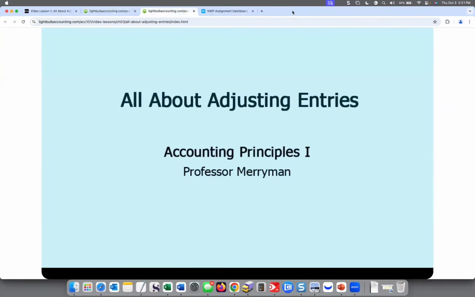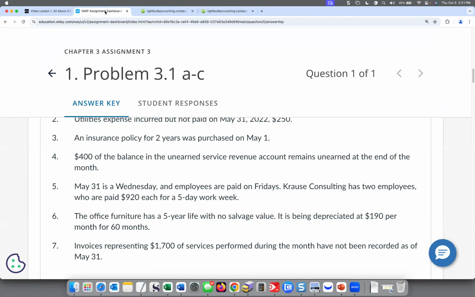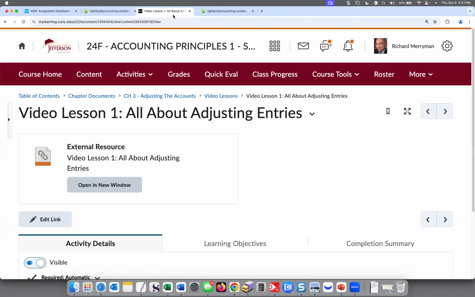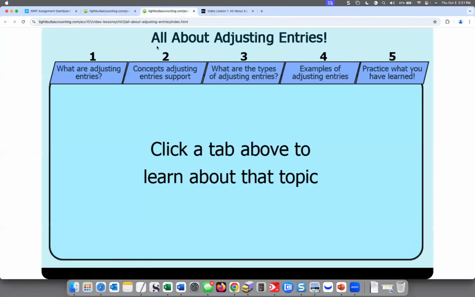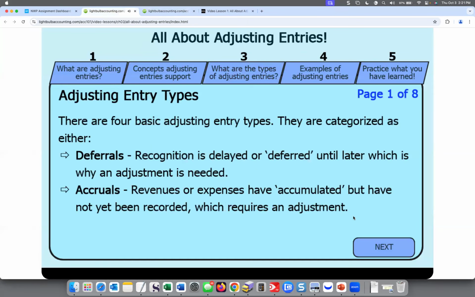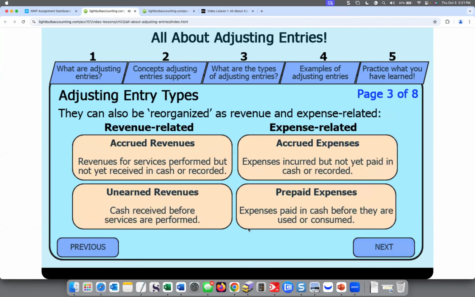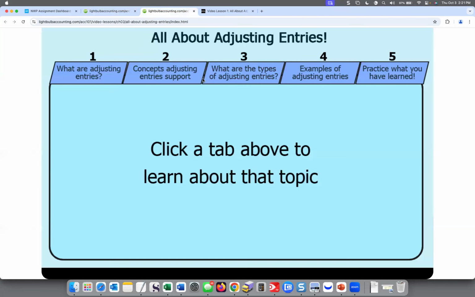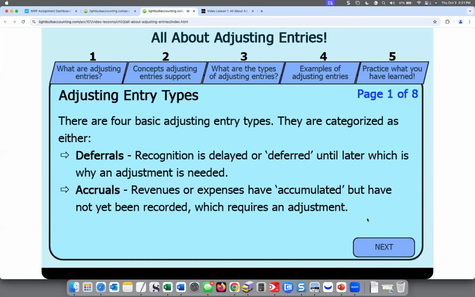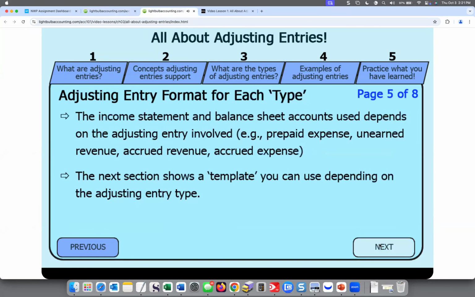I'm going to push this way over here, so none of that's in my way. There we go. So if you remember, we had our deferrals and accruals, but then we sorted them by either revenue related or expense related. And then over here, we had the actual templates.